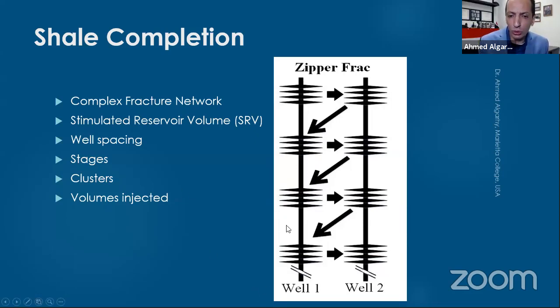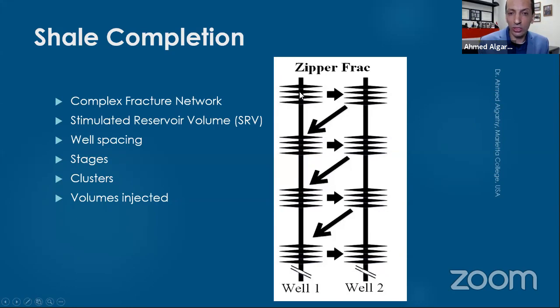Look at these two wells, what we call zipper frac. You know, a zipper in English, sorry, is something you have in your jacket. In Arabic, we call it sosta. So this is what we call zipper. I will tell you why we call it zipper.